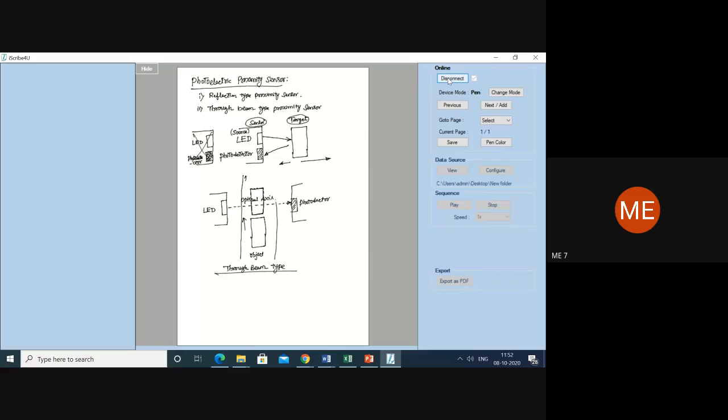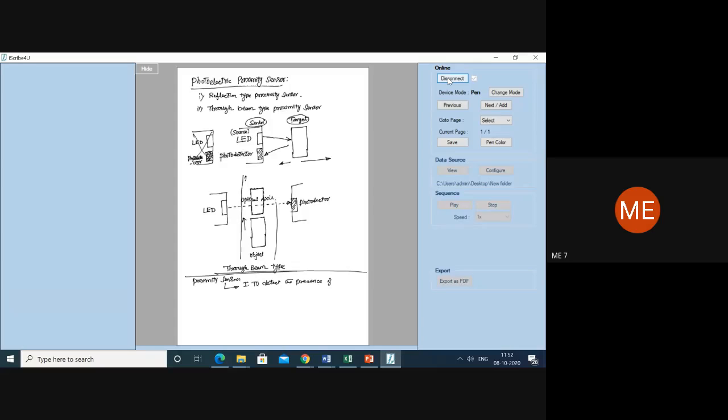Now I just want to summarize. We have started with what is called the proximity sensor. So proximity sensor is used for what? Number one, to detect the presence of the object.